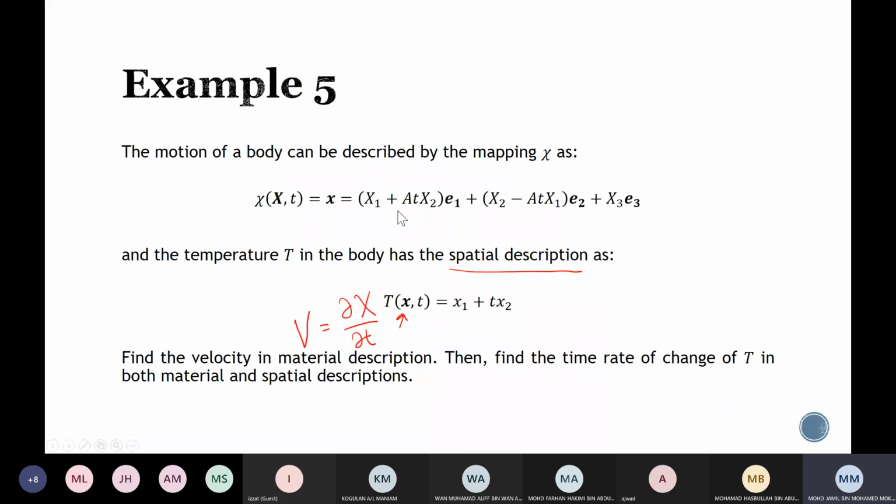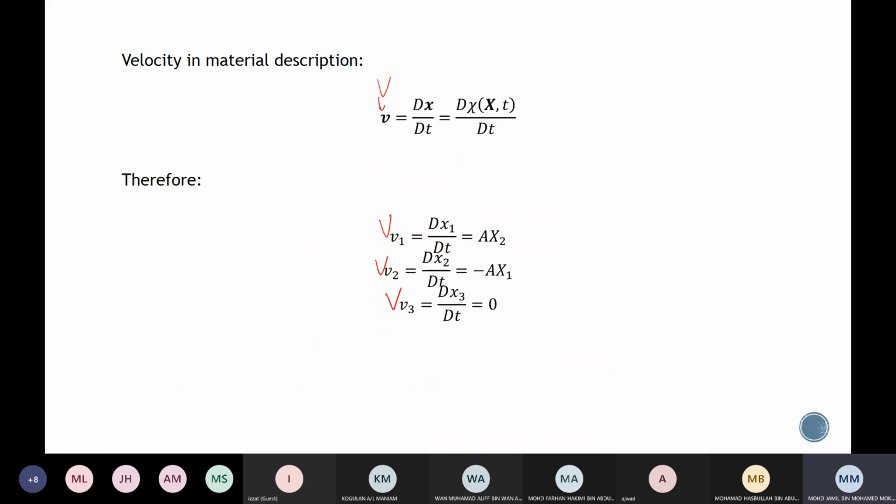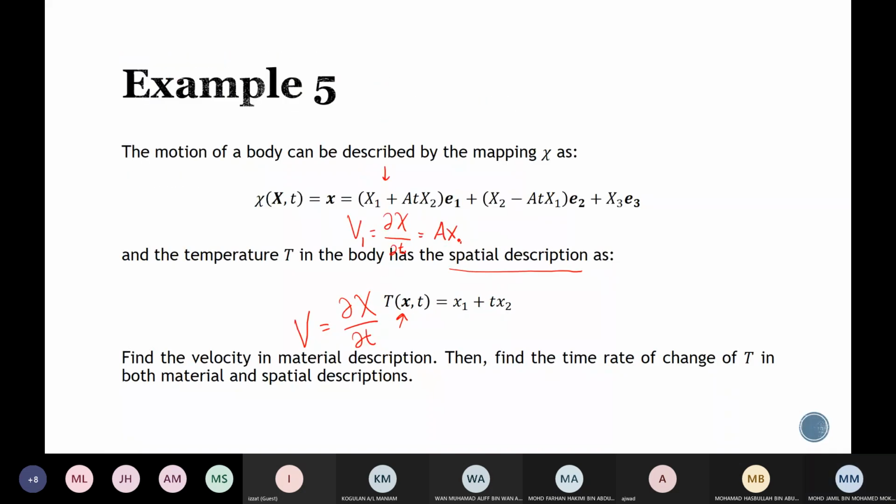So let's say if you want to find v1, differentiate this mapping with time. Okay, so you differentiate this part only. If you differentiate this with time, you get a x2. Okay, because x1 tak ada t, so dia constant.